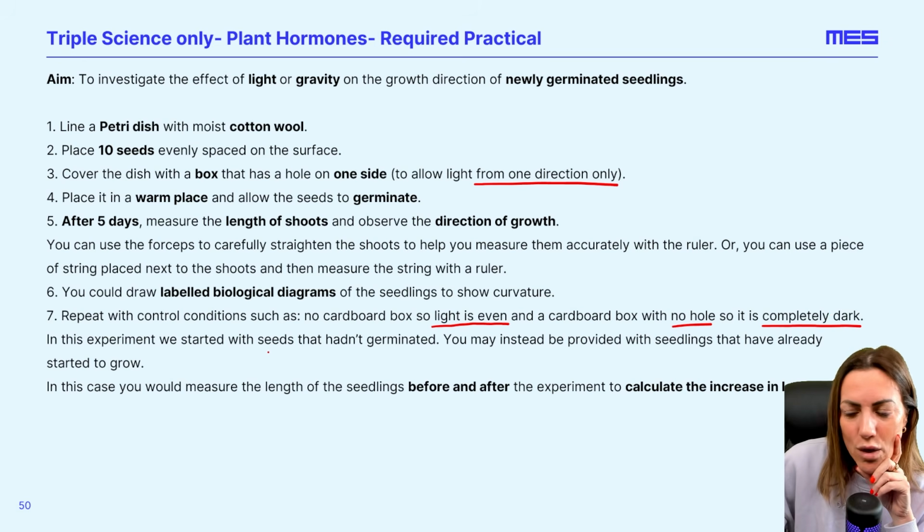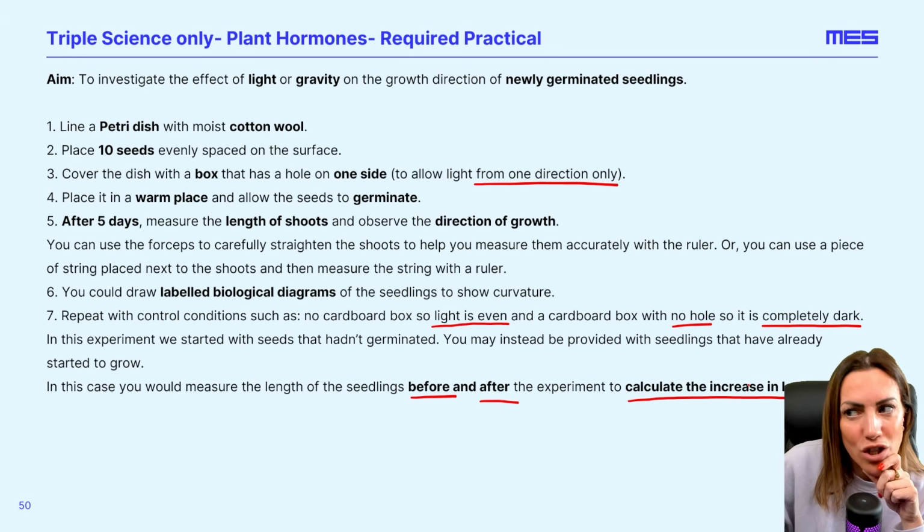Now, in this experiment, we started with seeds that hadn't yet germinated. But in your exam, you might be provided with a picture that shows you seedlings that have already started to grow. If so, what you could suggest doing is measure the length of the seedlings before you start the investigation, and then measure the length of the seedlings after the investigation, because then you could calculate the increase in length, the mean increase as well.